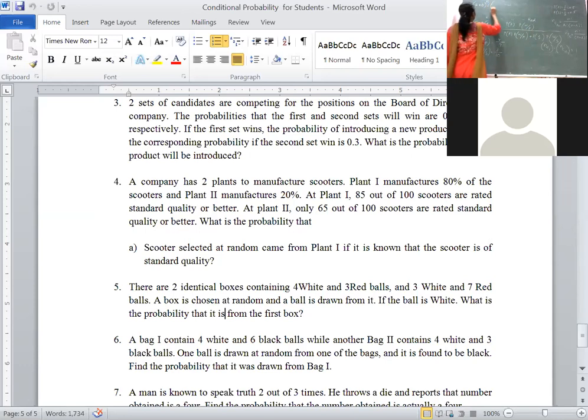Have you seen this formula? NC1 a to the power of n minus 1 plus b to the power of 1, plus NC2 a to the power of n minus 2 into b square, plus and so on.